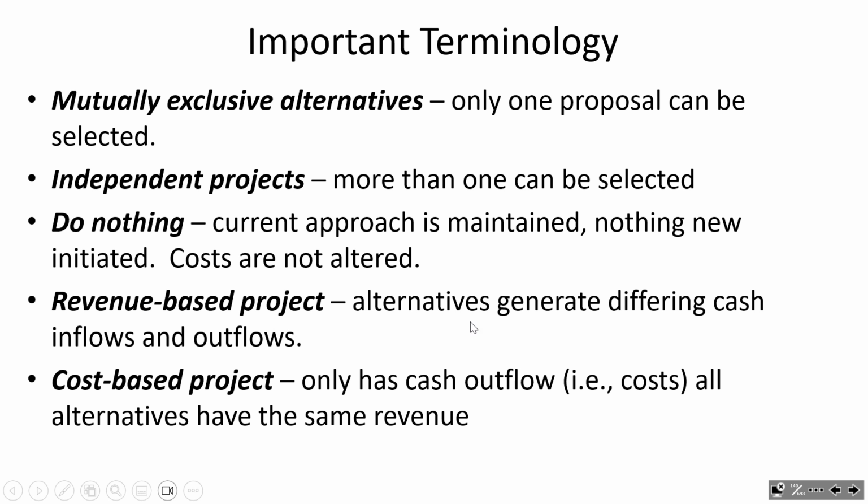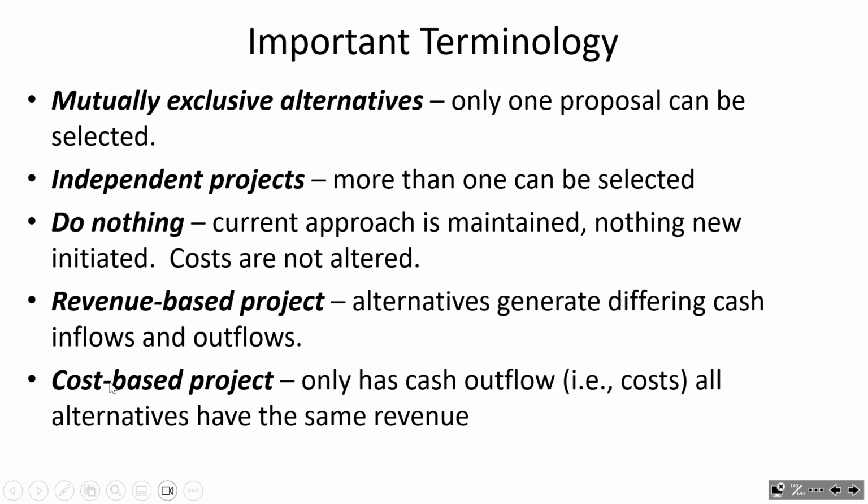Revenue-based projects are when what you are buying will generate future money that's coming to you. So it's a project that will return a profit, we hope. But there are some alternatives that are cost-based projects, and those kinds of alternatives may only have outflows. For example, you may have to put a roof on your house.